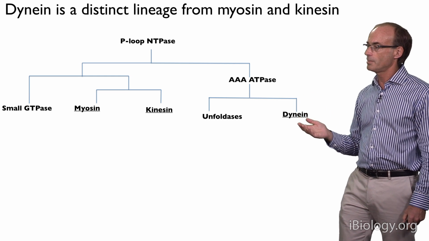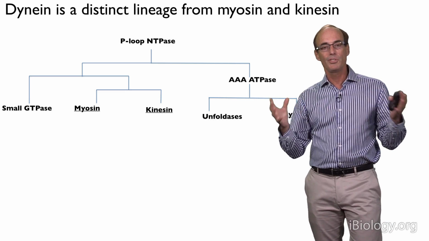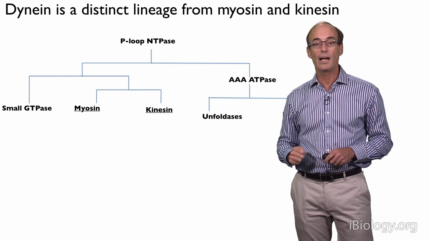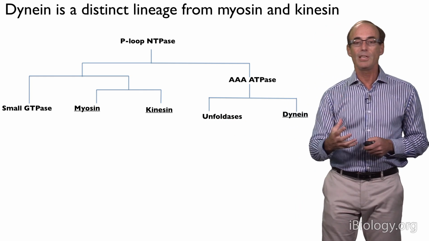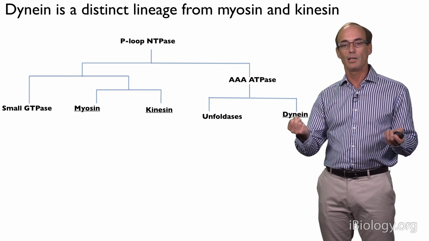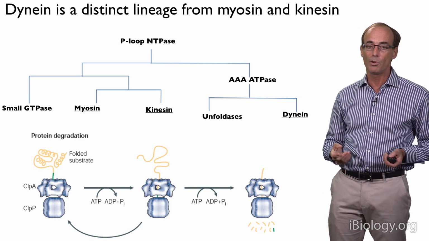And in fact, dynein is a rather unusual member of this AAA ATPase family. Most of them are not traditional motors that you think of in terms of moving along a track. Instead, they use ATP energy to produce mechanical work on molecules like proteins to basically break them apart and unfold them.